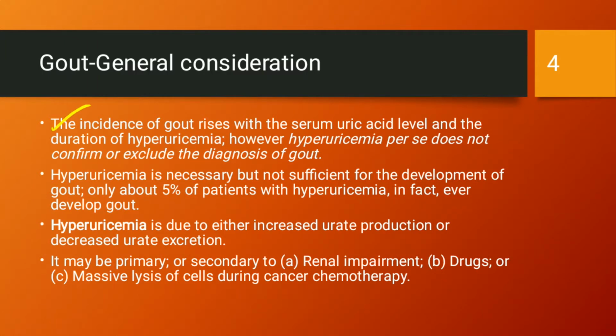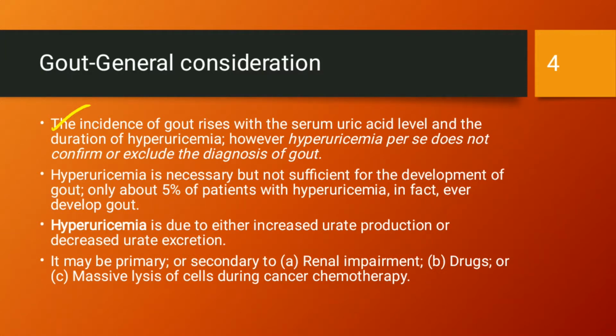What is thought is that if there is an increase in the uric acid levels in the body, then it will give rise to gouty arthritis, but we cannot always correlate exactly the cause and effect relationship between hyperuricemia and gout. It can also happen that there is hyperuricemia, but there are no signs and symptoms of gouty arthritis.